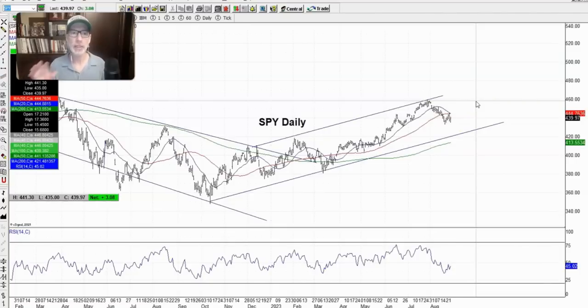You want to get the market as it's starting to go up, or if you want to get bearish, you wait for the market as it's starting to turn down.